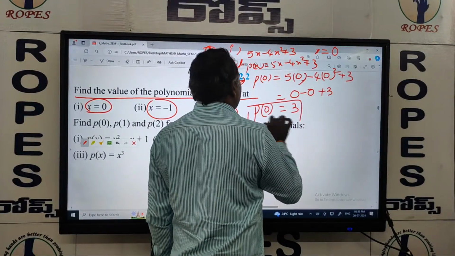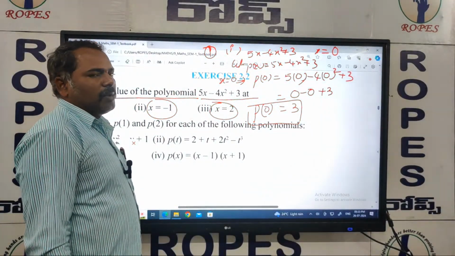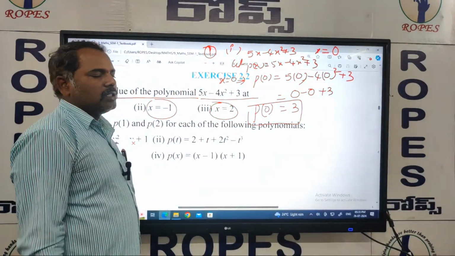This is the value of polynomial 5x minus 4x square plus 3 when x is equal to 0.